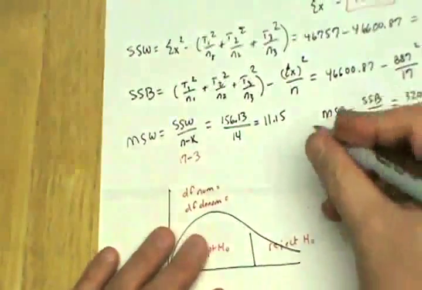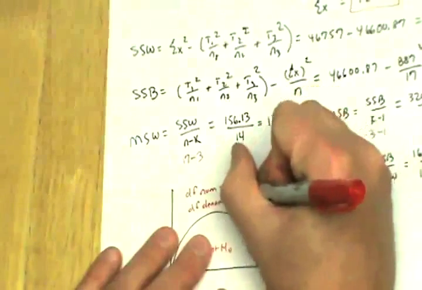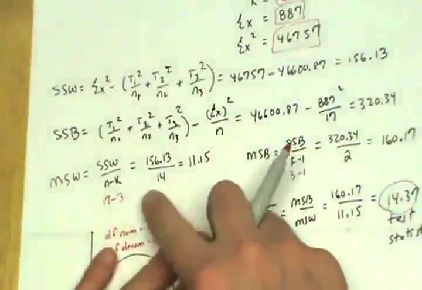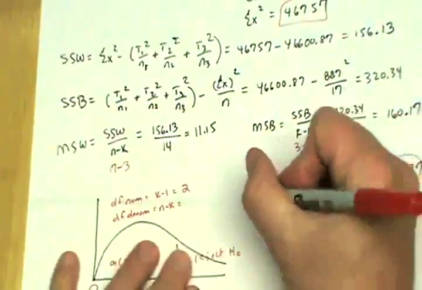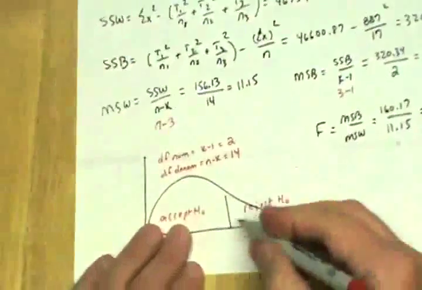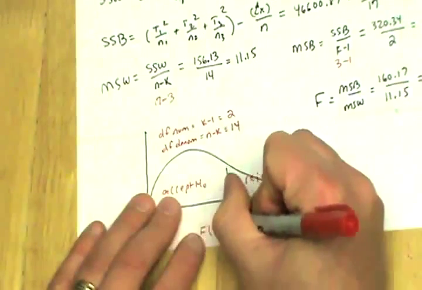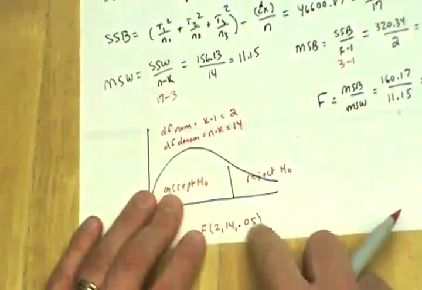The degree of freedom of the numerator is k minus 1; k is 3, 3 minus 1 is 2. The denominator is n minus k. We found that earlier. N is 17, k is 3, so that gives us back 14. So we want the value for f for numerator 2, denominator 14, significance level of 0.05.